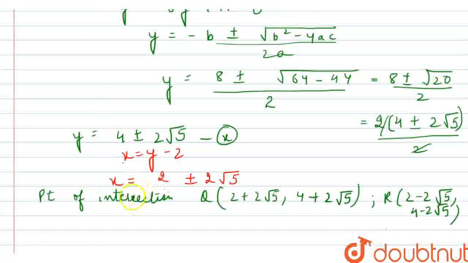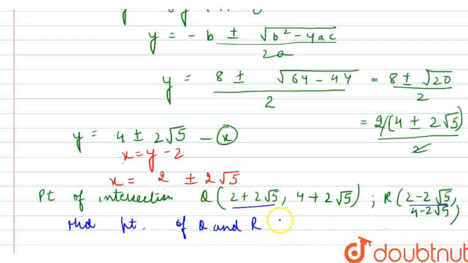Now we have to find the midpoint of Q and R. So it would be sum of x coordinates divided by 2 and sum of y coordinates divided by 2.